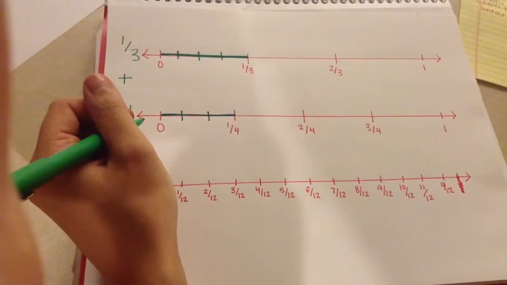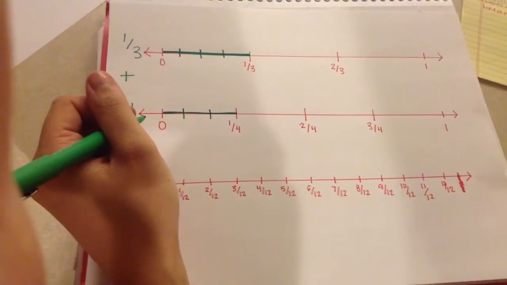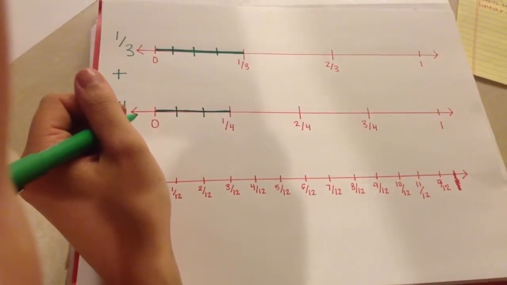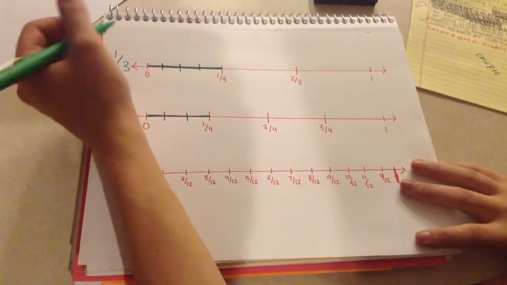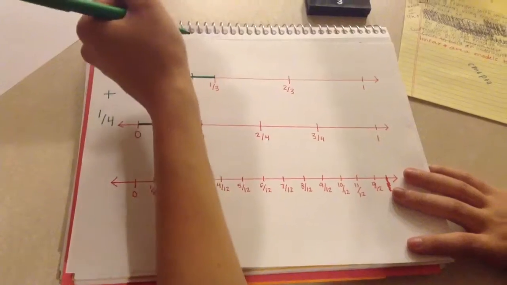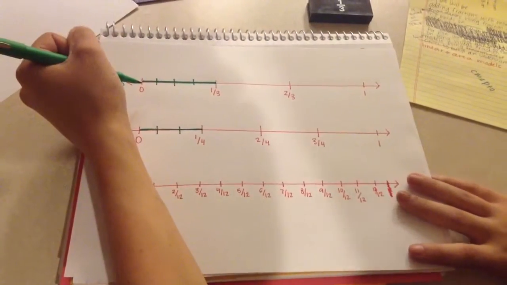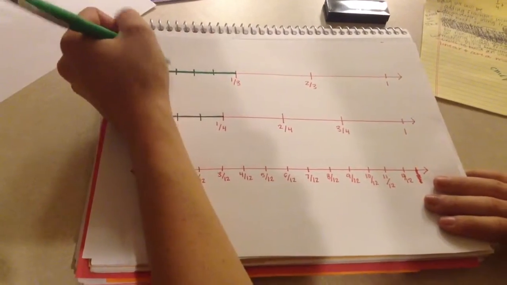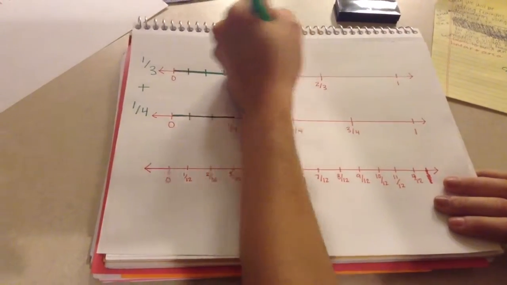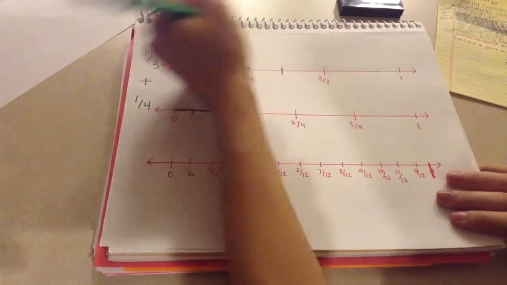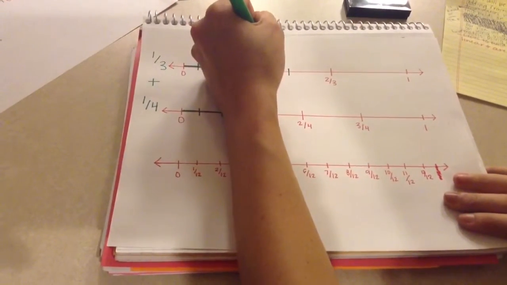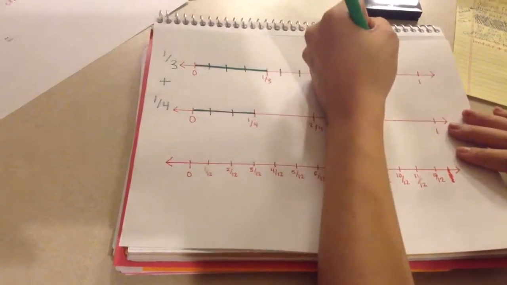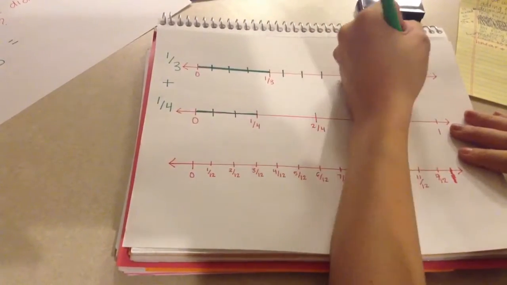Okay, so we're going to continue doing this throughout the graph. We're going to subdivide both of these. So I subdivided 1/3 into fourths, and to get to 1/3, I'm going to subdivide it into fourths, and then another fourths.